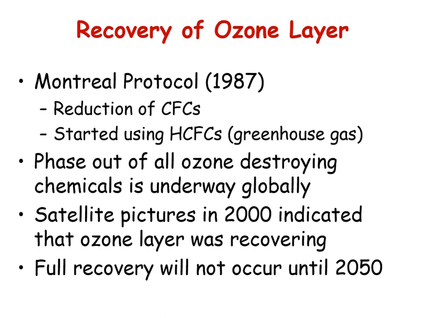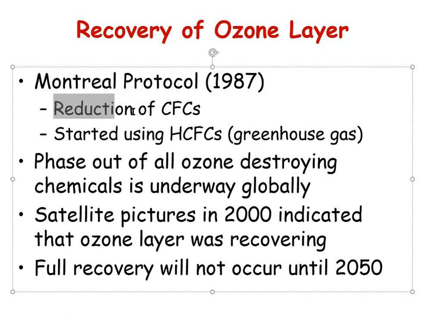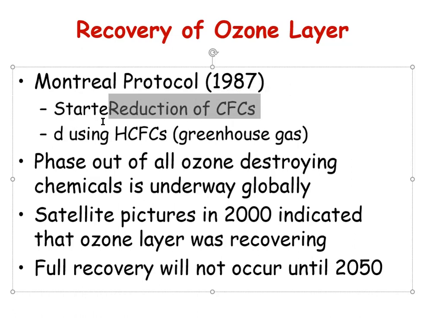Recovery of the ozone layer was one of the issues people were working on. In 1987 there was a big conference in Montreal, where the countries made an agreement called the Montreal Protocol, and they agreed that everybody should reduce the emission of CFCs. Countries should not release these gases during their industrial activities.